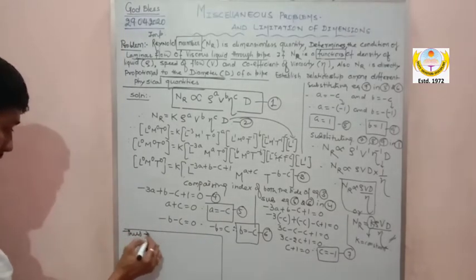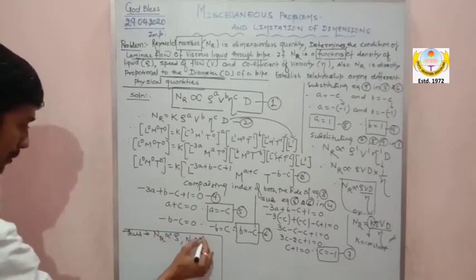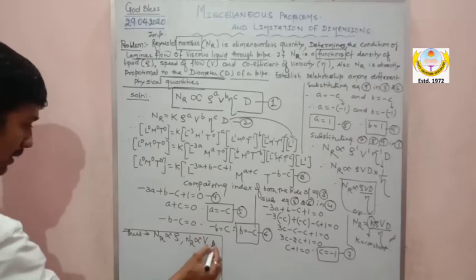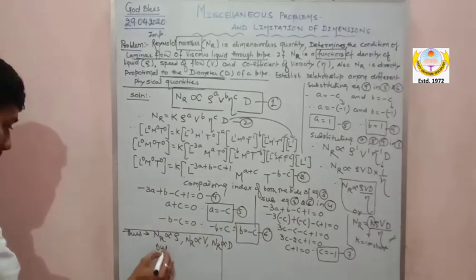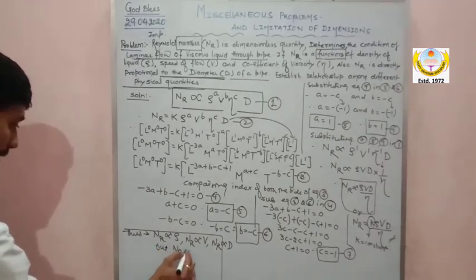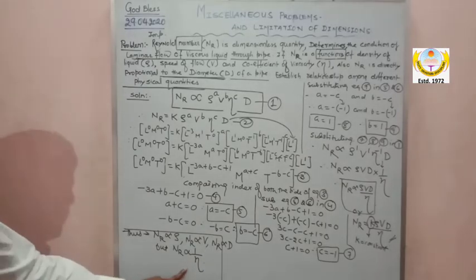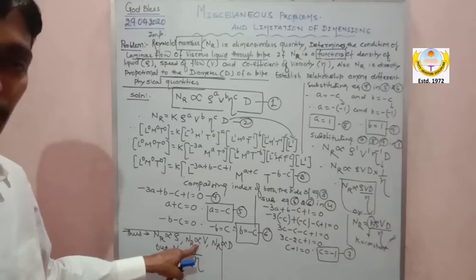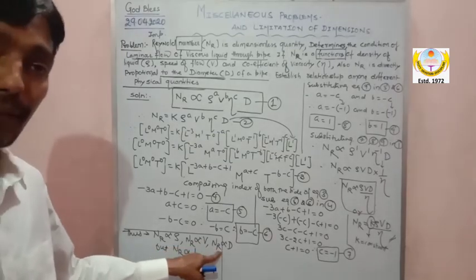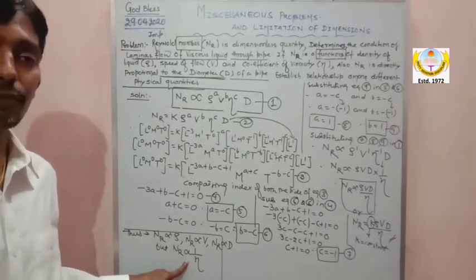Thus, Reynolds number is directly proportional to rho, directly proportional to velocity, directly proportional to diameter, but inversely proportional to the coefficient of viscosity. Directly proportional to density, directly proportional to speed of flow, directly proportional to diameter of pipe, but inversely proportional to coefficient of viscosity.